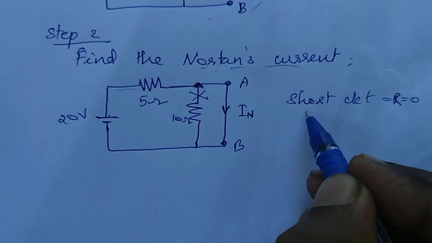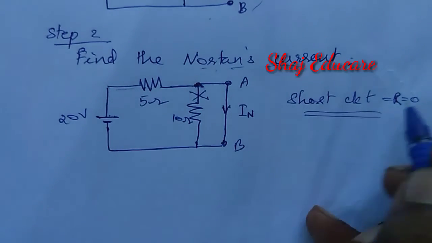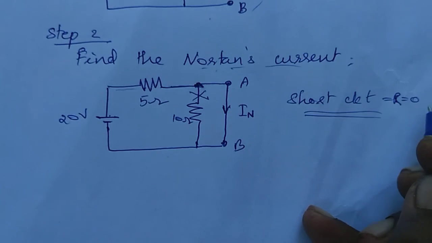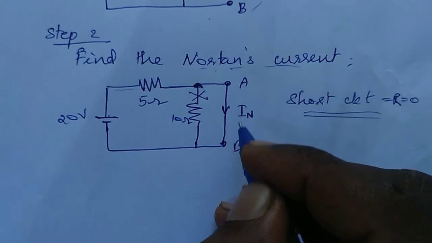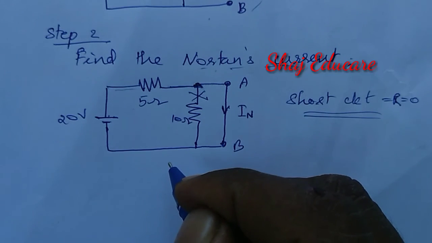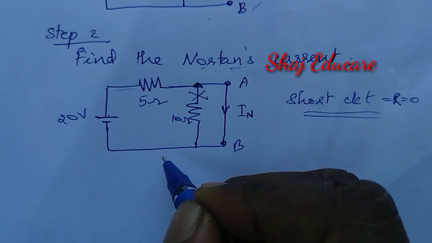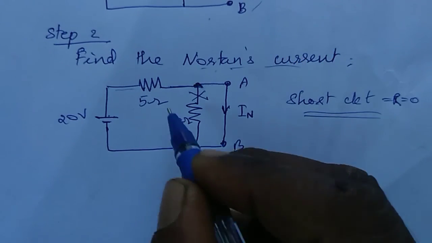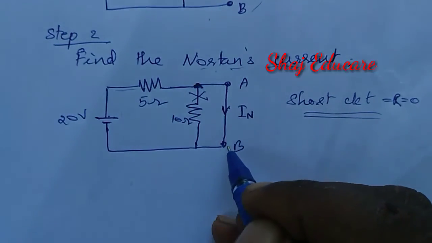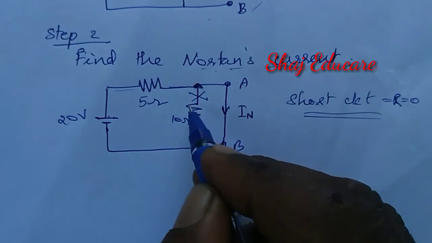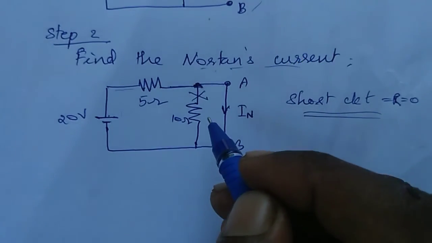Because as I said earlier, in the short circuit path the resistance is equal to 0. So current will always flow through a null resistance path. Therefore, the entire current flows through the short circuit path only. There will not be any current through the resistance.